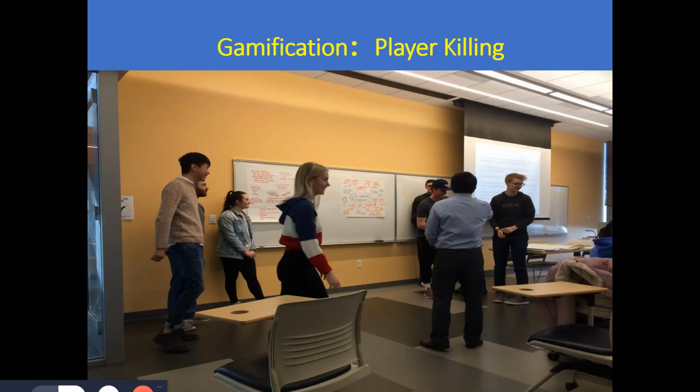These are two teams having a player killing. I am at the center facilitating the debate. The two teams have six questions on their mind maps, and they are talking point by point, so there is also a debate.